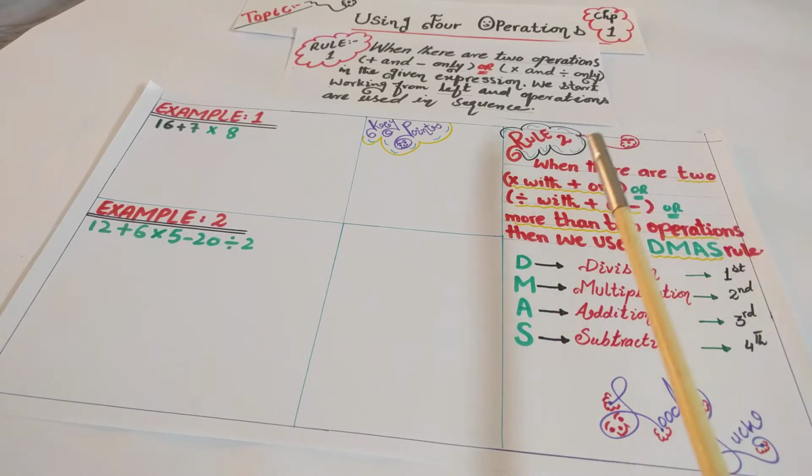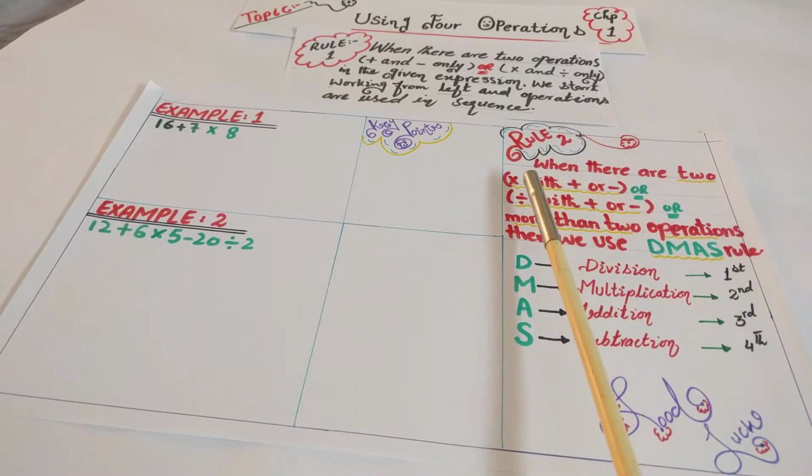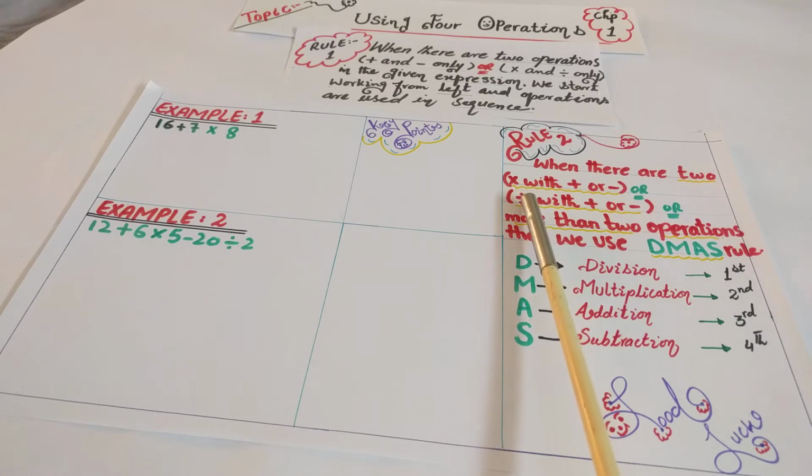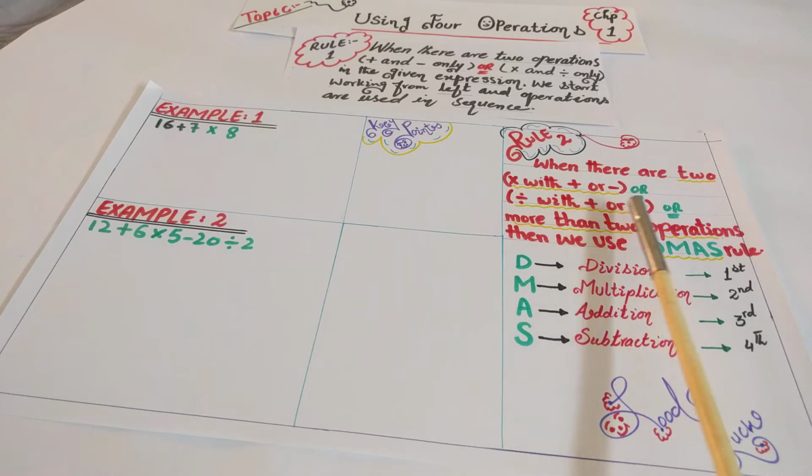When there are two operations, multiply with plus or minus or divide sign with plus or minus. Getting me?